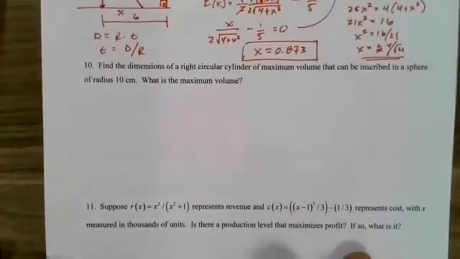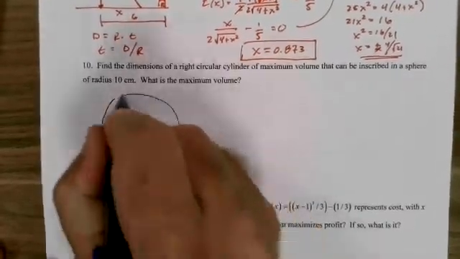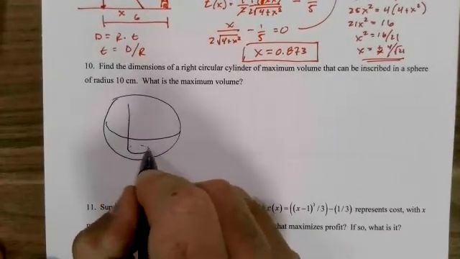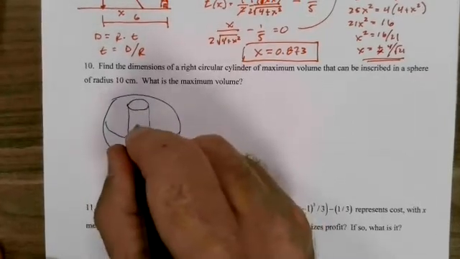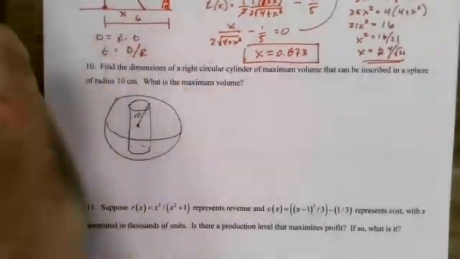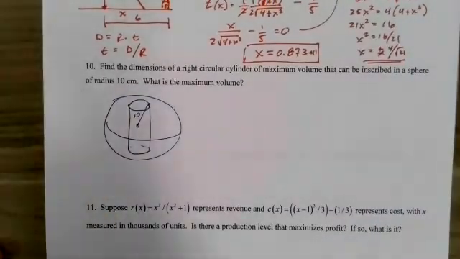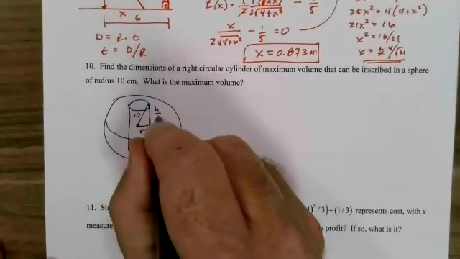Find dimensions, right circular cylinder. Next one, describe the sphere of radius 10. This is the radius. This is the height over 2.